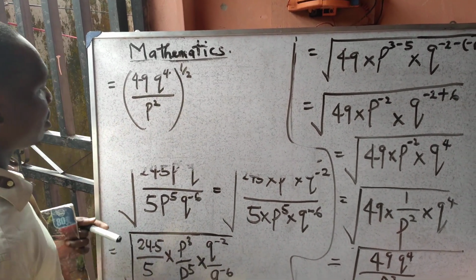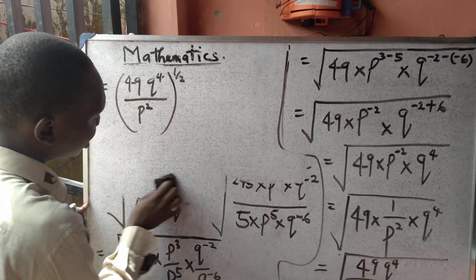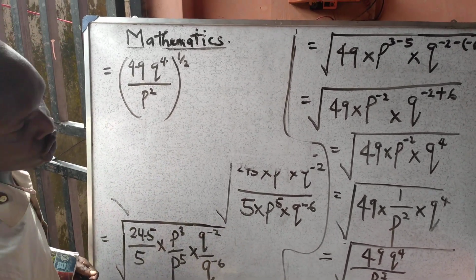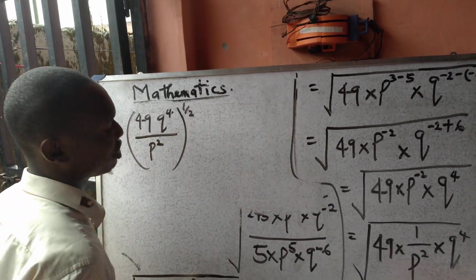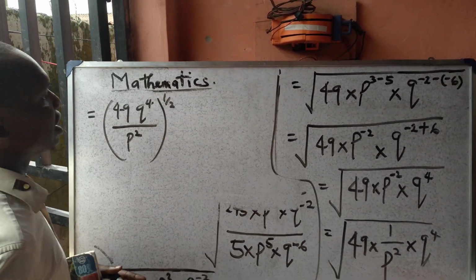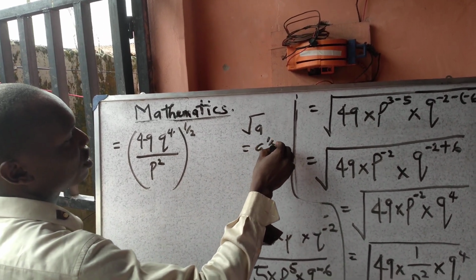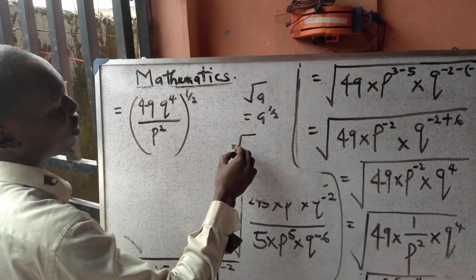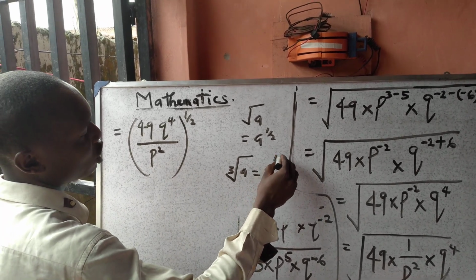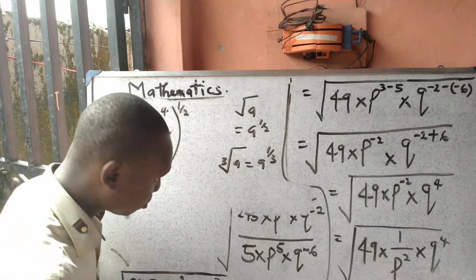How did I get that power half? The square root of a number is the power of half. So this square root you are seeing here is power half. And the square root of a is a raised to power half. But the cube root of a is a raised to power 1 over 3. Okay?